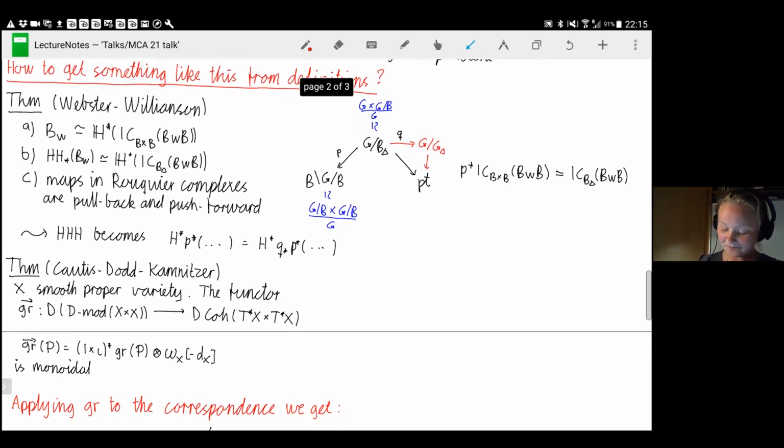The game I want to play is to feed it this correspondence, because there's a very nice relation with what happens to the associated graded when you pull back and push forward. The general idea is that the cotangent space of a point is just a point, so if I take the associated graded here, nothing at all will happen.